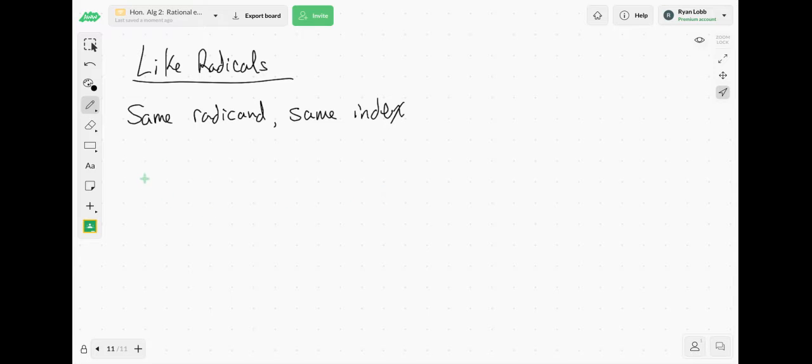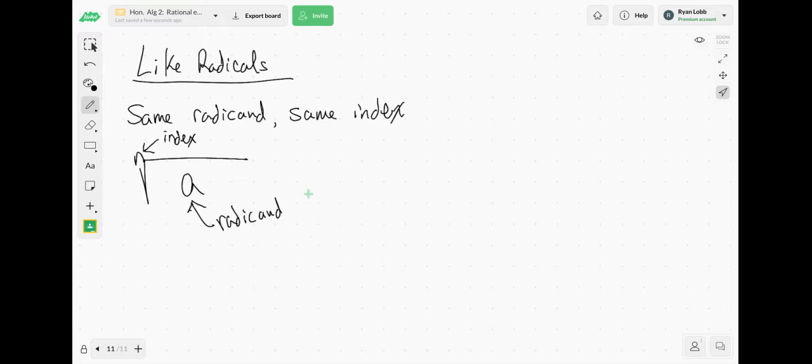Now, here we go. We have the nth root of A. This is my radicand, and then this is my index. So much like terms, you can add or subtract like terms. You can add or subtract like radicals. How do you know if they're like radicals? You have the same index, same radicand.